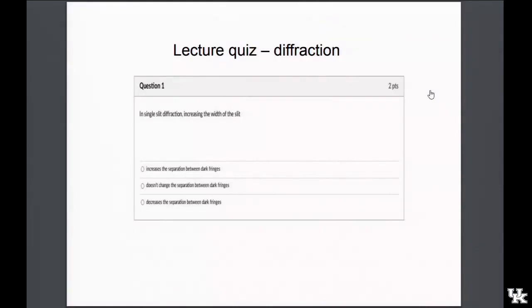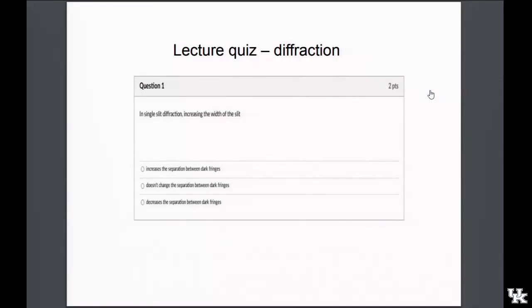So in this quiz question, we're told that we've got a single slit diffraction pattern. We've got light, water waves, or sound waves shining on a single slit, and we're going to increase the width of the slit. What happens to the separation between the dark fringes?